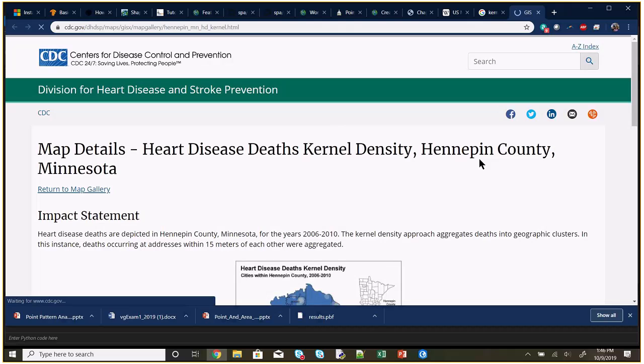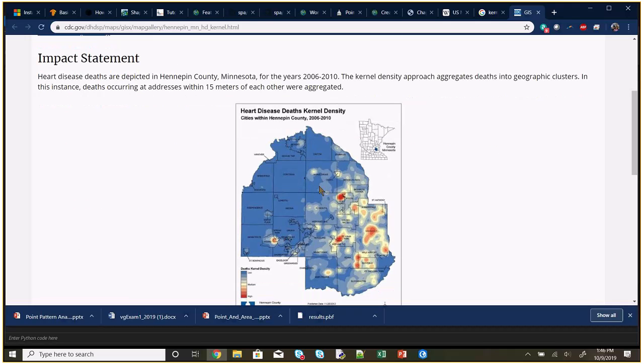It went through each cell and searched an area around that cell, so you get a higher value if there was more heart disease within a certain distance of that cell. It's a way to show where a cluster is occurring.